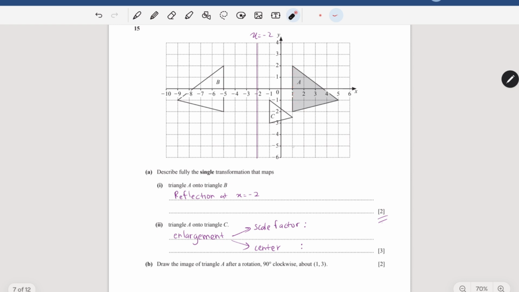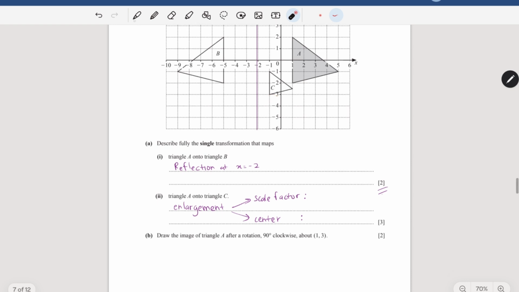But the same line at triangle C is only 1, 2. So the image, which is triangle C, has been shrunk by 2. So the scale factor is 1/2. Why 1/2? The object just now was 4 and the image was only 2. So 4 times 1/2 is 2. So the scale factor is 1/2.